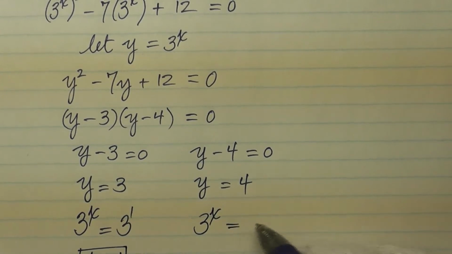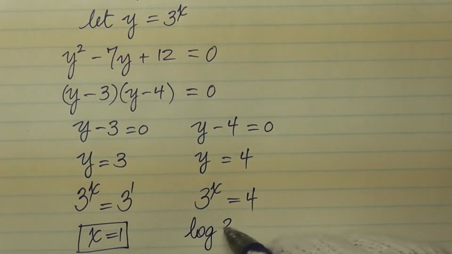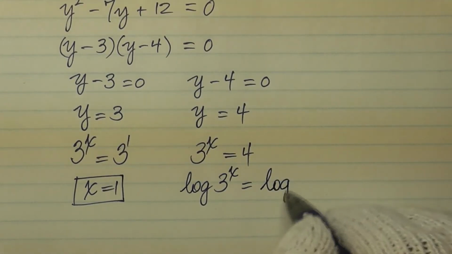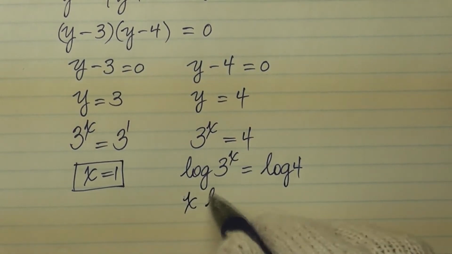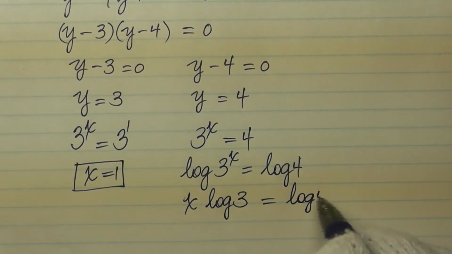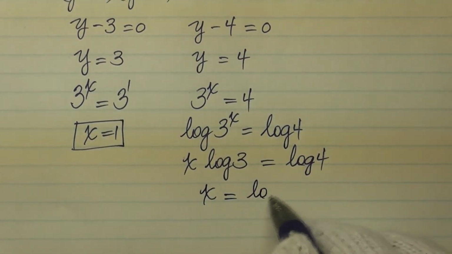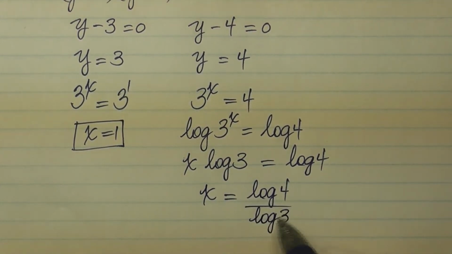3 to the x equals 4. I'm going to take the log of both sides. The x will come down. And then x is going to be log 4 over log 3.